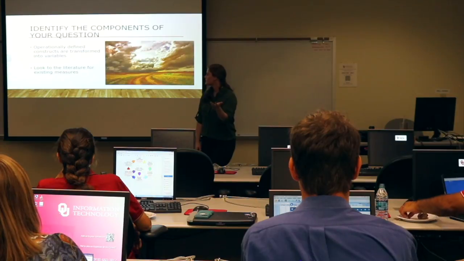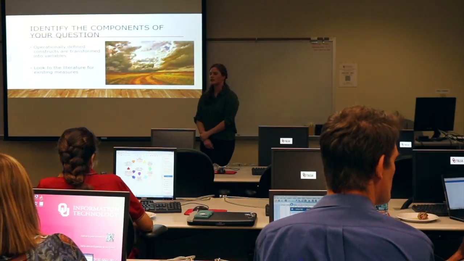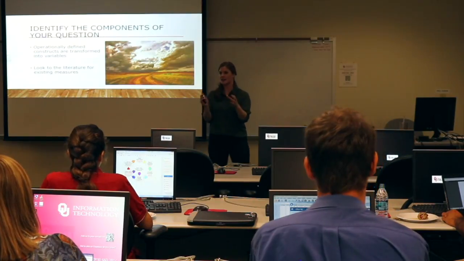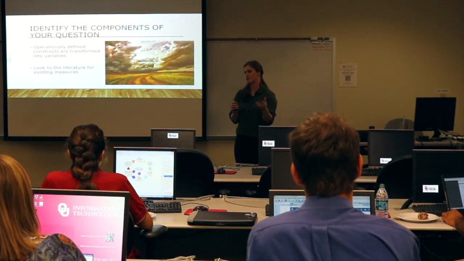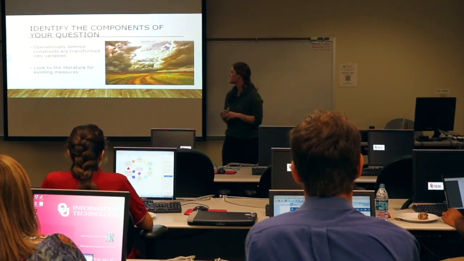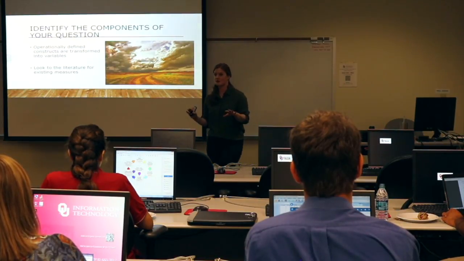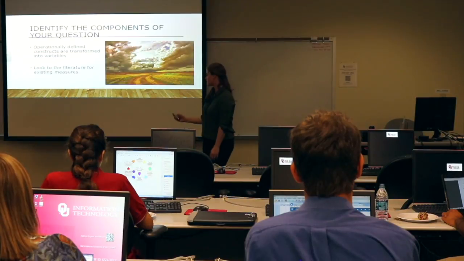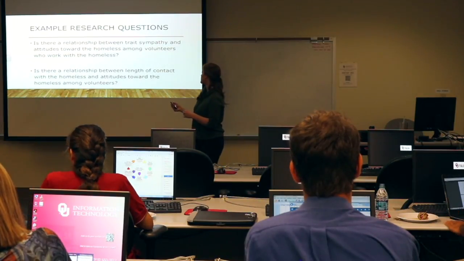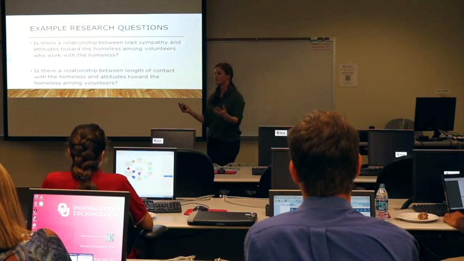So the previous series in August was pretty much about that and then identifying measures that you can use to measure these constructs. So for today's purposes, we're going to assume that that has already been done. So we've already looked at our research questions and identified the constructs of interest.